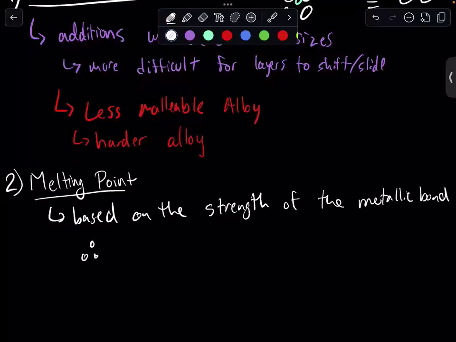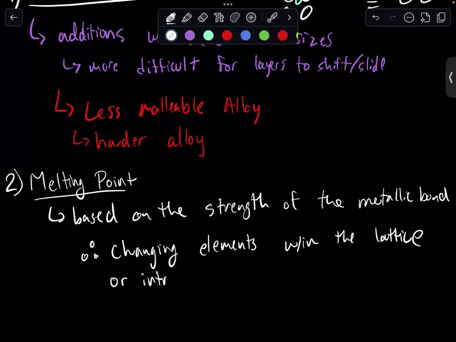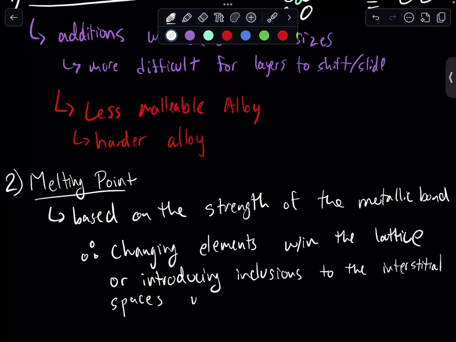So because it's based on the metallic bond, we know that changing elements within the lattice or introducing inclusions, additions to the spaces, the interstitial spaces, will have an effect.